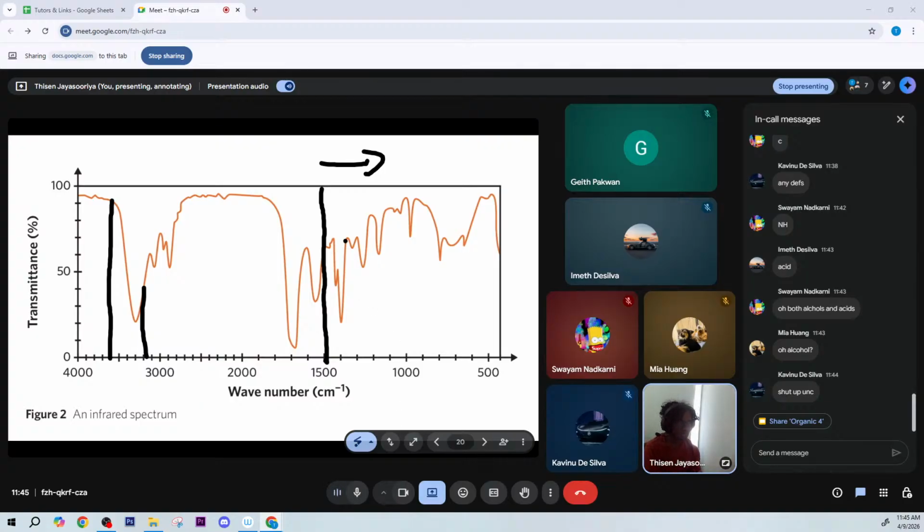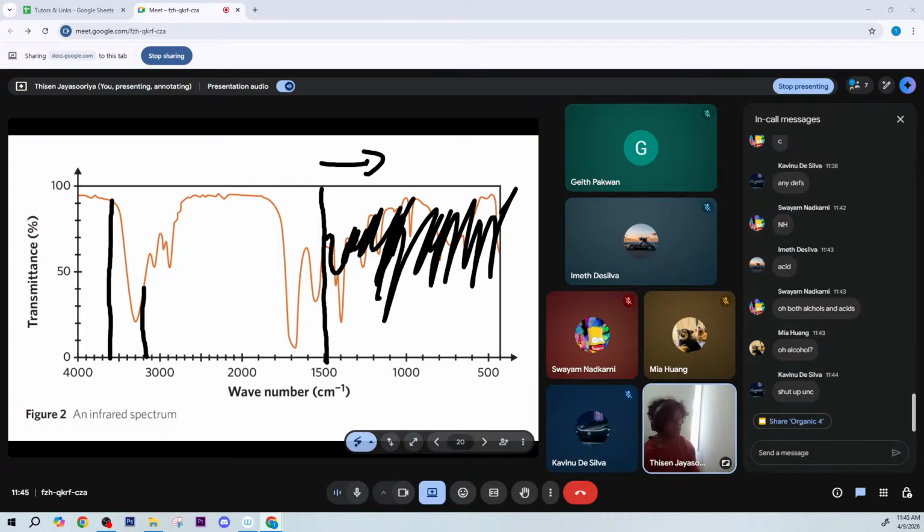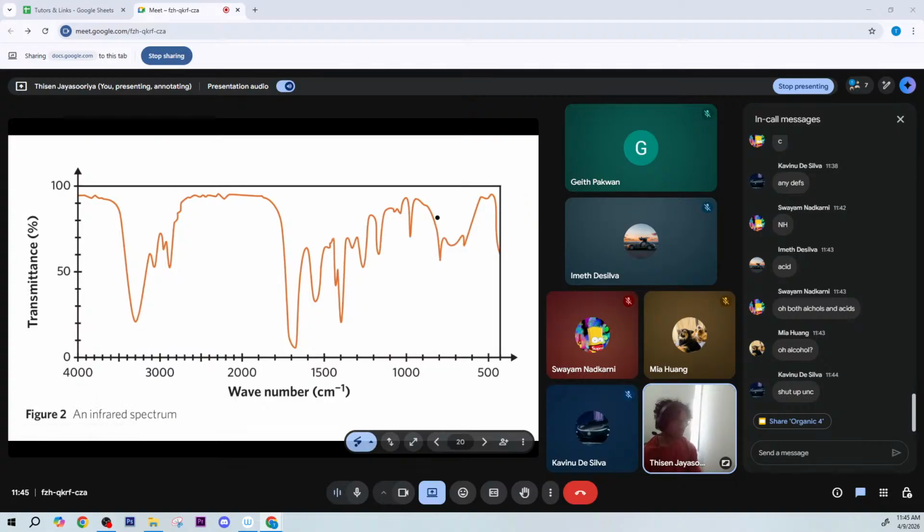Essentially, the more activity I have in this fingerprint region, the longer the chain is. So if it had all this stuff over here, like a bunch of peaks, yeah? You'd expect this to be a very long molecule. But this one doesn't have that much activity going on, so it's a relatively short molecule, yeah?